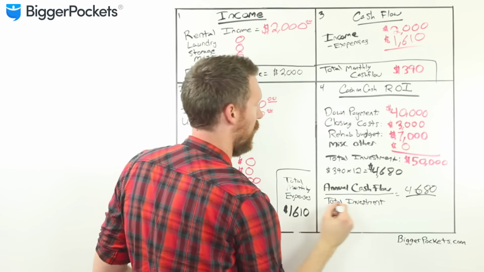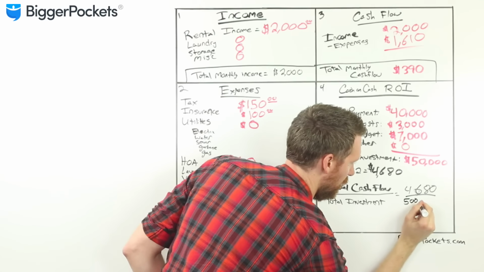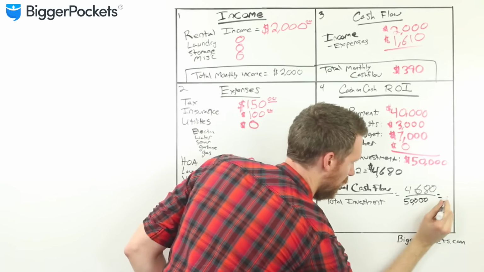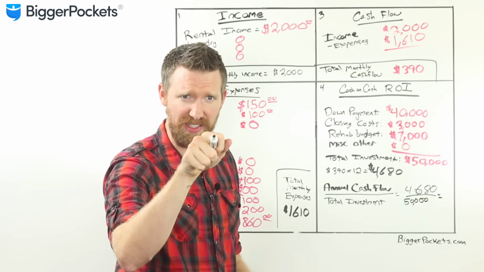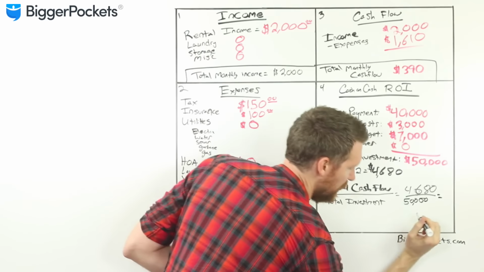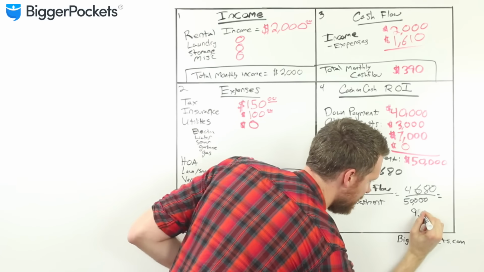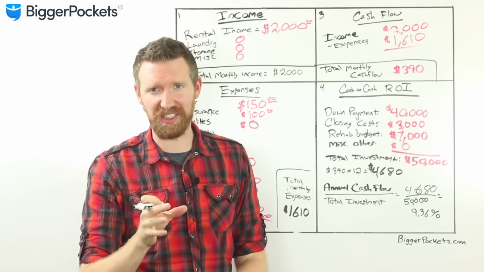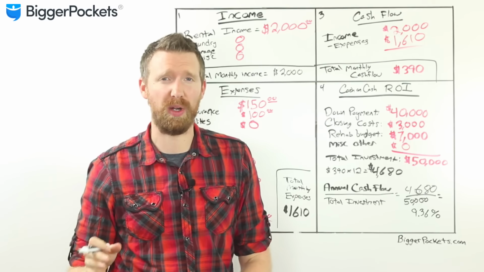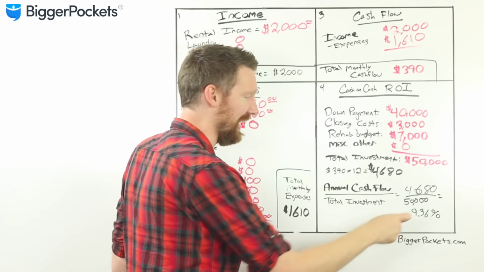Divide that by our total investment, which we already figured out right here, $50,000. And what are we left with? In this case, 4,680 divided by 50,000, trusty calculator, works out to 9.36%. It actually comes out at 0.0936, but we want to make it a percentage, so we just multiply it by 100 and add the percent sign. So we're left with a 9.36.